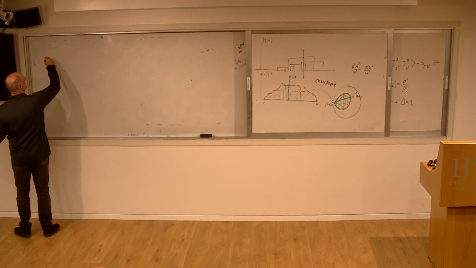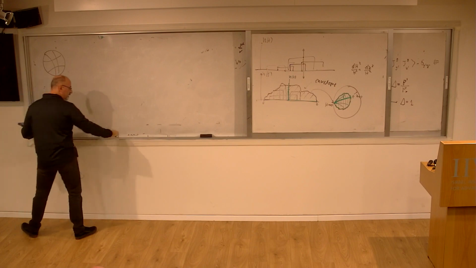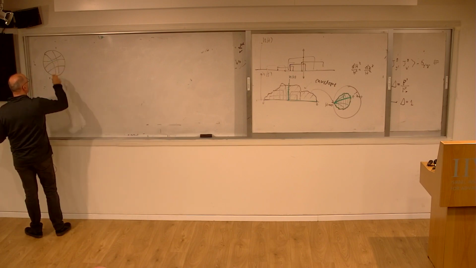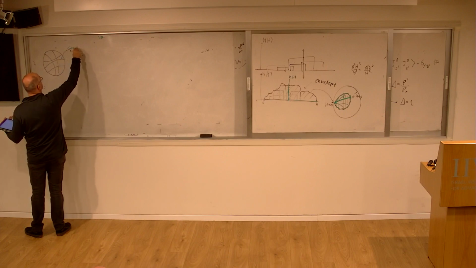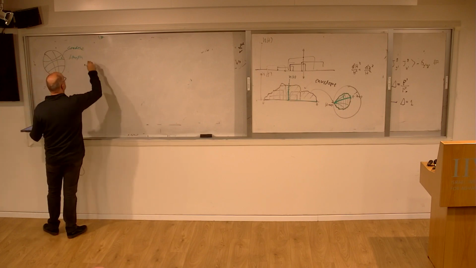Okay, so we had these chord diagrams. The length here, and a chord like this, we want to interpret as a geodesic. Its length is discrete.